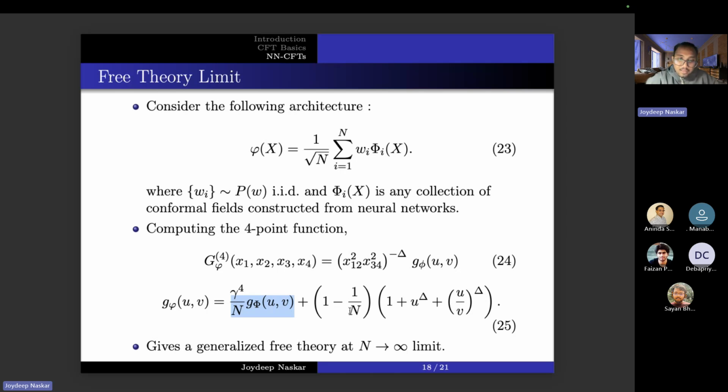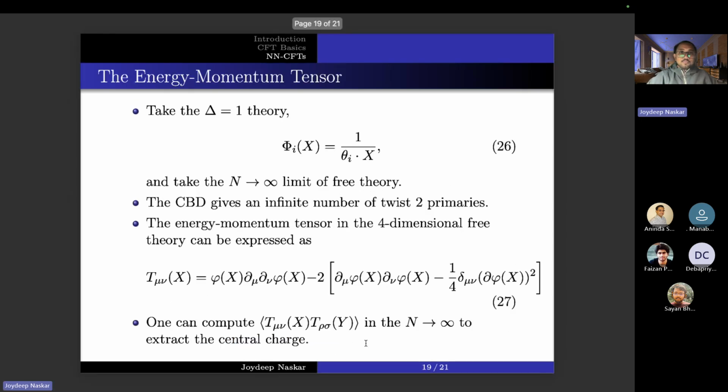So what I will get is a generalized free theory in this limit. Now I will restrict myself to the positive scaling dimension case where delta is equal to +1. I'm not going into the details of how I compute correlators from this kind of theory.